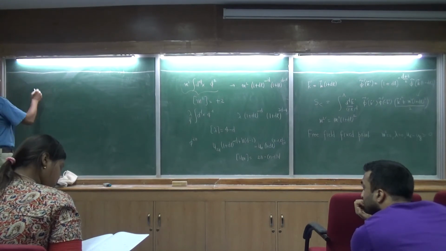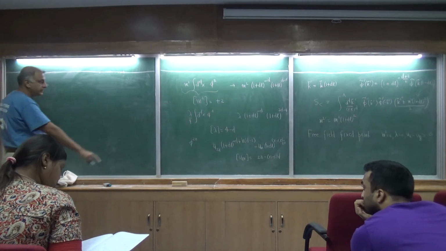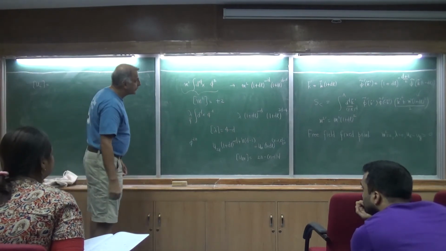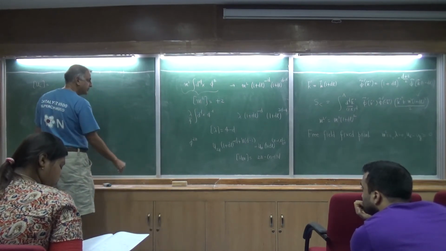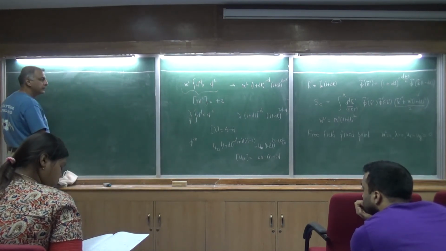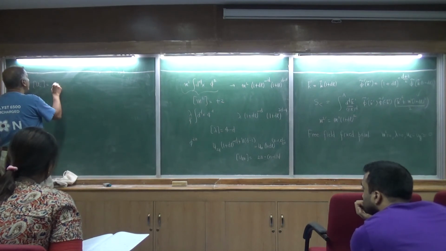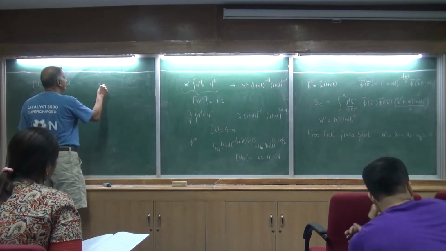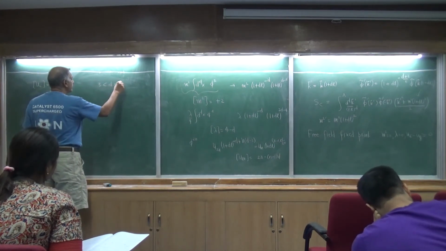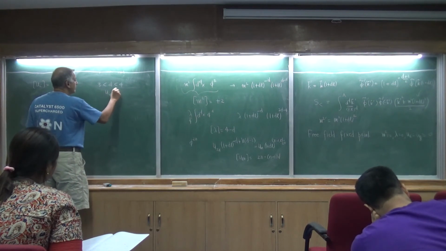So Wilson says that the dimension of U6, what was it? We just figured it out over there. I have to write it out. So it's 6 minus 2d. Very good. So the claim is that as long as 3 is less than d, less than 4, U6 is irrelevant.